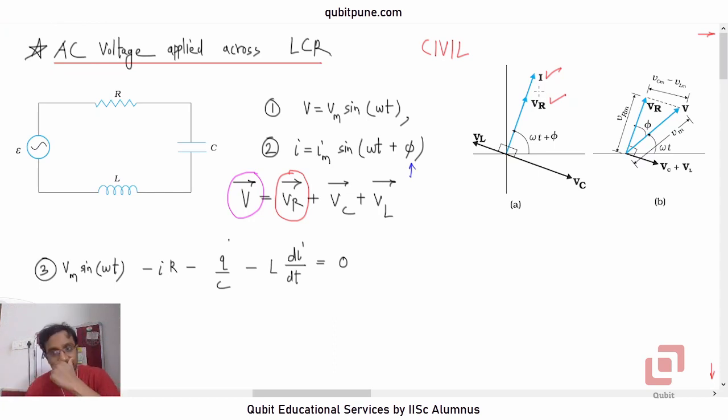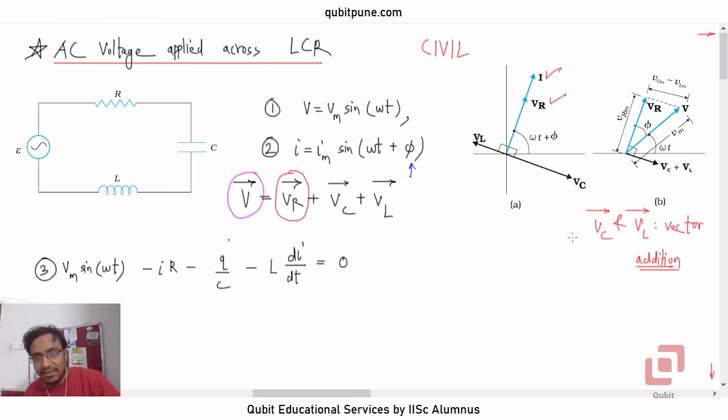Okay, now let us analyze figure B. In figure B, we are going to add VC and VL vectorially, vector addition.